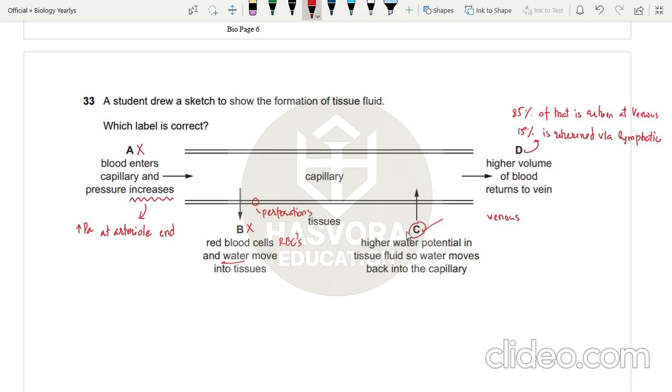So there will be a lower volume of blood returning at the venous end. So this will also be incorrect. So C will be the correct option.